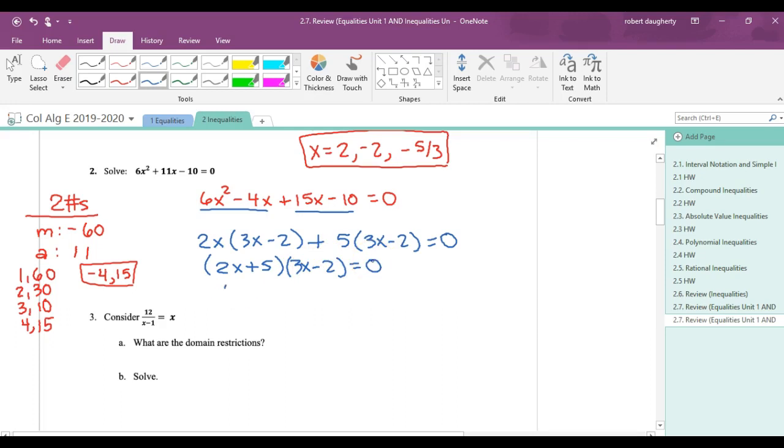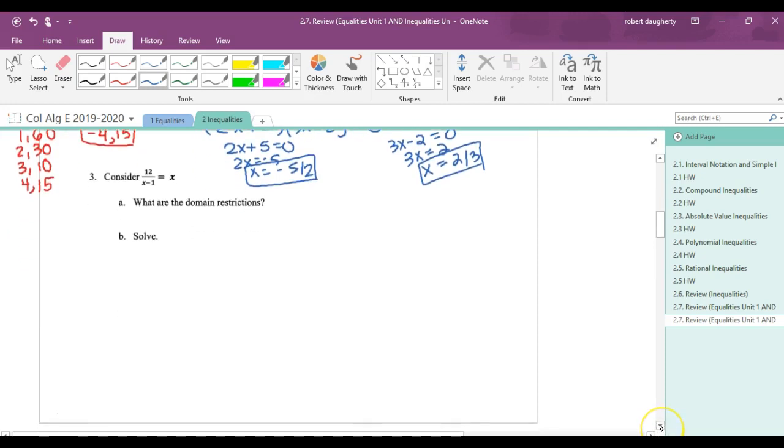Set each of these equal to 0. When 2x plus 5 equals 0, that means 2x equal negative 5, or x equal negative 5 halves. That's one answer. When 3x minus 2 equals 0, 3x equal 2, or x equal 2 thirds. Those are the 2 answers to that problem.